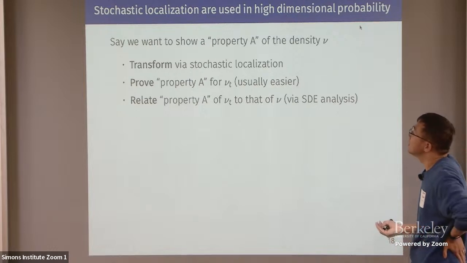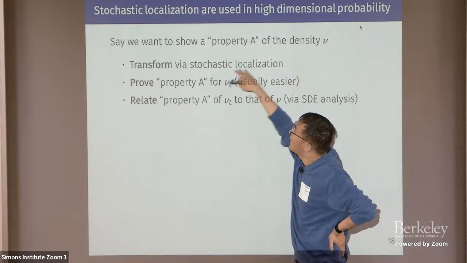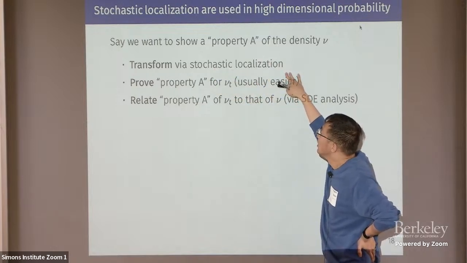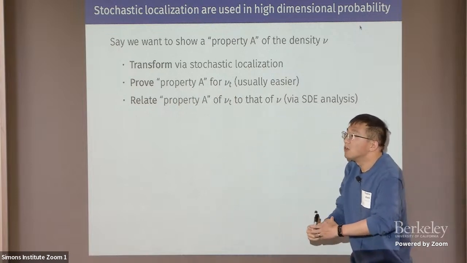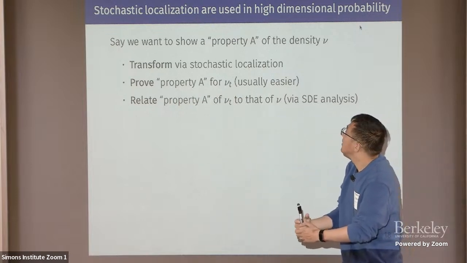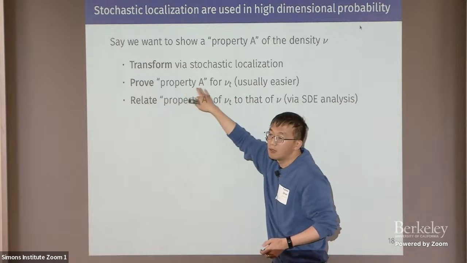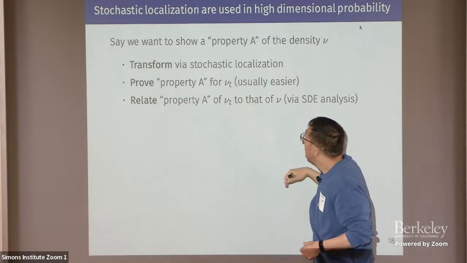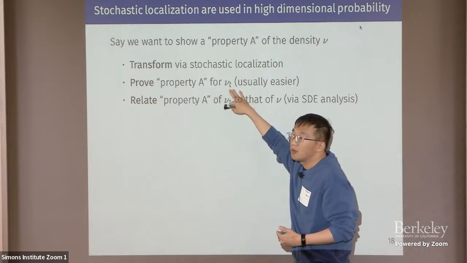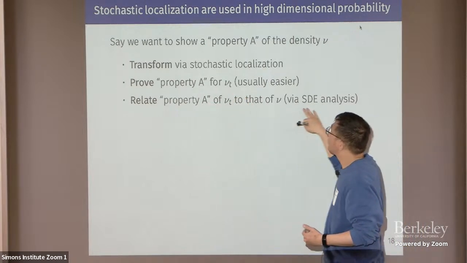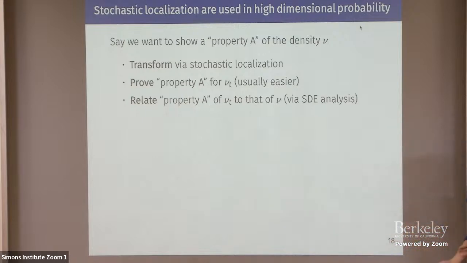So what you do is transform this measure mu via stochastic localization, and hopefully at time t the measure becomes so concentrated that the Gaussian part is so dominant that it's usually easier to prove the property A for that transformed measure. Then all you need to do is relate this property A of the transformed measure to the original measure, and this is usually done by analyzing those stochastic differential equations.